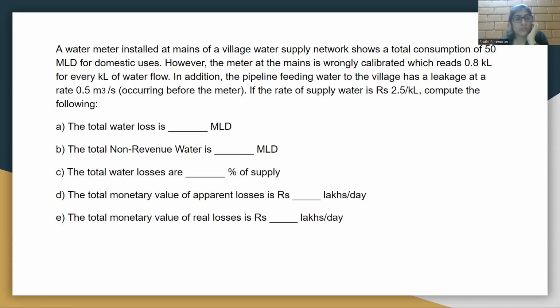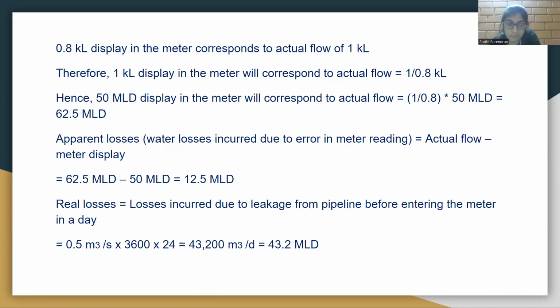Do you get the real losses, the total losses, Sagnamitra? Yes, real loss is 43200 meter cube per day, and if we convert it, 43.2 million liters per day.